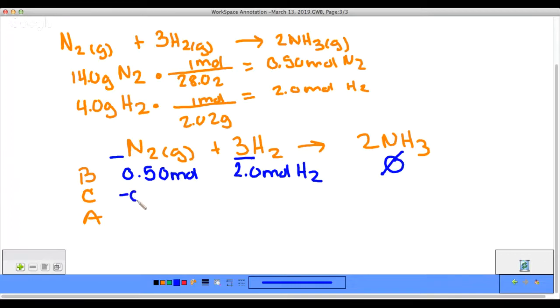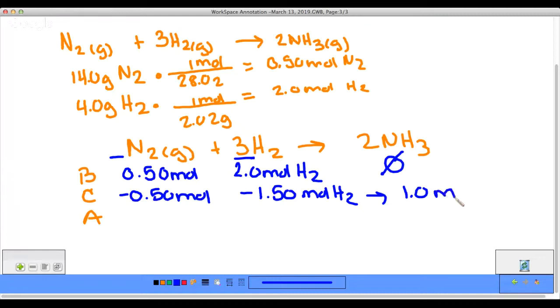So I'm going to consume all of my nitrogen and 1.5 moles of hydrogen, because again, it's a 1-to-3 ratio. How much ammonia am I going to produce? Well, it's a 1-to-2 ratio, so I'm going to produce twice as much ammonia: 1.0 moles of ammonia.